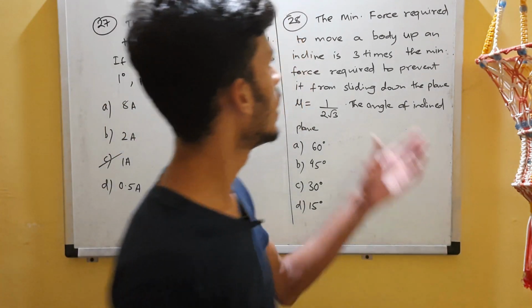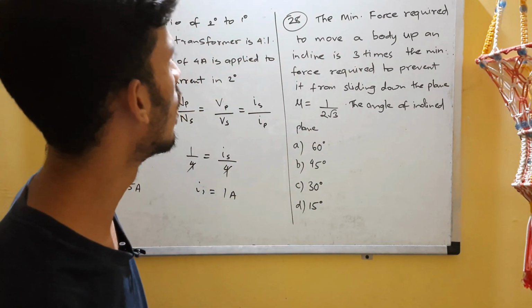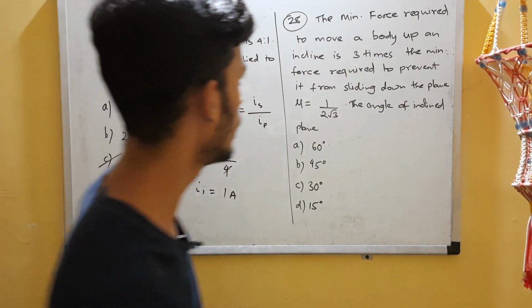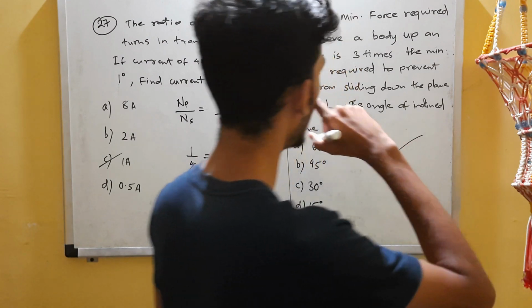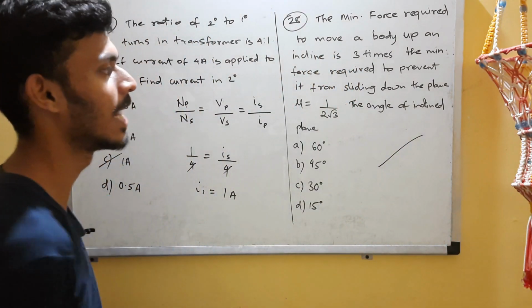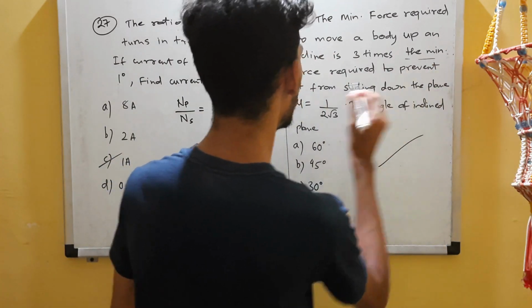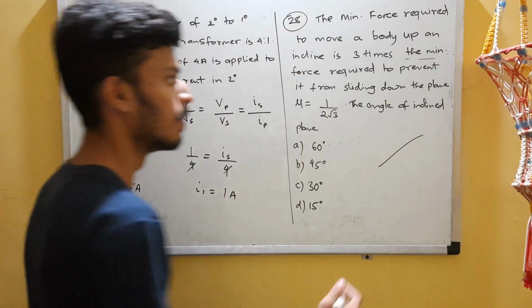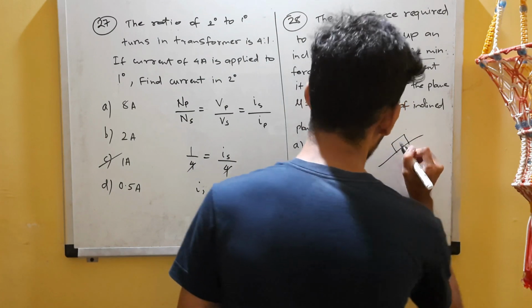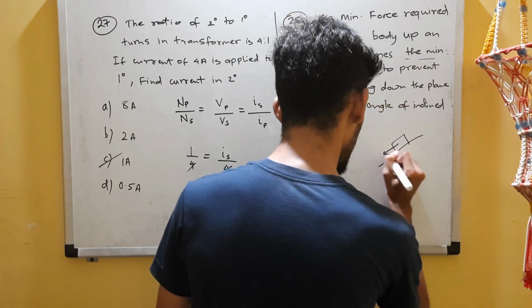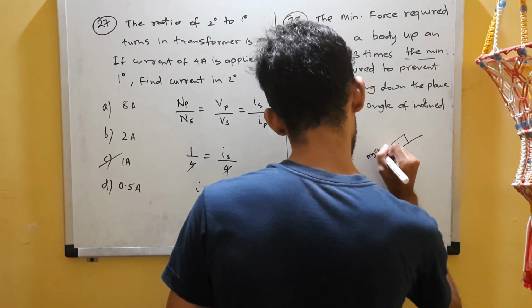Now question number 28, the minimum force required to move a body up on an inclined plane is 3 times the minimum force that is required to prevent it from sliding down. Okay, so first of all, let's talk about the other force, the minimum force that is required to prevent the body from sliding down. Suppose we have a body of mass m, so along the incline the force is mg sin theta, right?